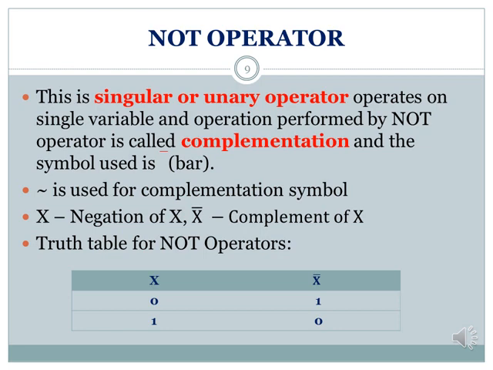The truth table for x: as I already told, the truth table gives all the possible combinations of inputs. So here the input for x may be either 0 or 1. If it is 0, the complement of x will be 1, and if it is 1, the complement, x bar, will be 0.